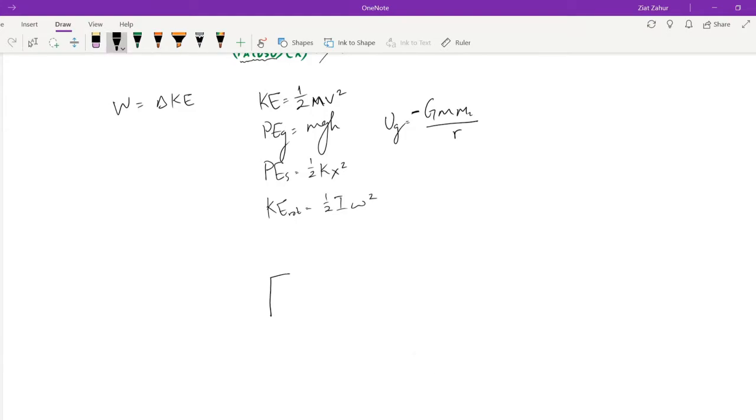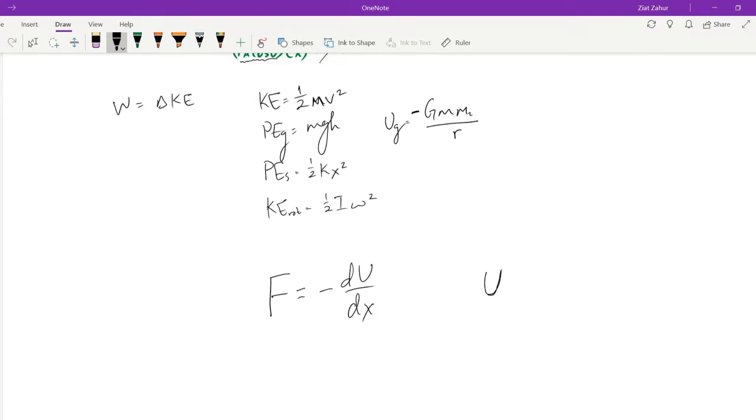Here's a new one. Force is equal to negative dU dx. The negative slope. And that's essentially because usually when you do work, you are accelerating the object, right?